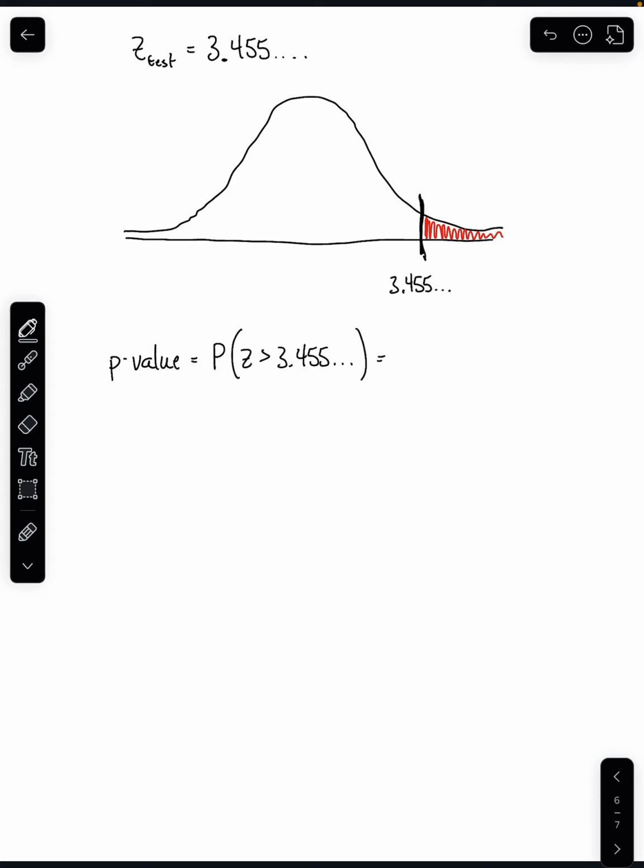And that comes out to be quite small, 0.0002. That is an incredibly small p-value, as evidenced by the fact that we got a very large value for z. We got a very big z-score here.